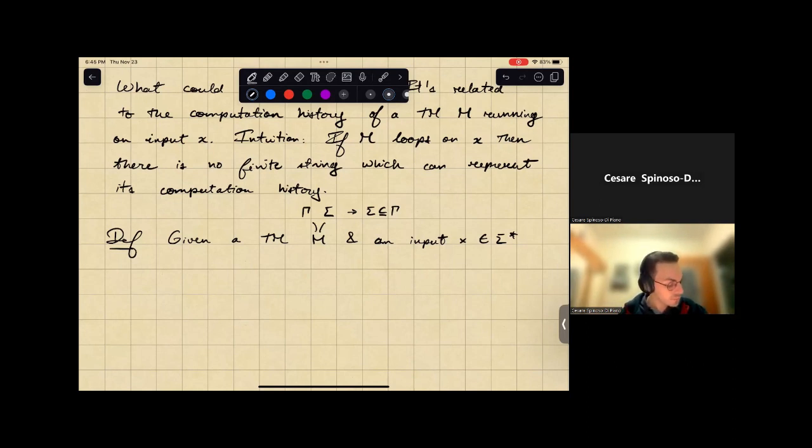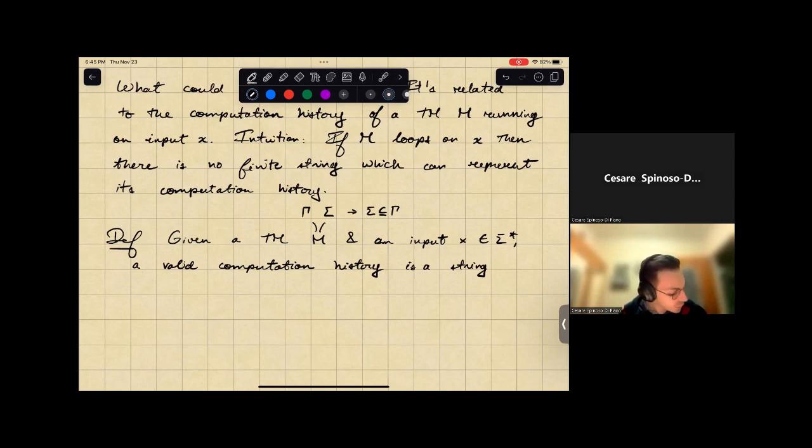So we have this string, which is an input string in sigma star. And so then a valid computation history is a string itself, which makes sense because a valid computation history is really just a sequence of instantaneous configurations, and instantaneous configurations are strings.